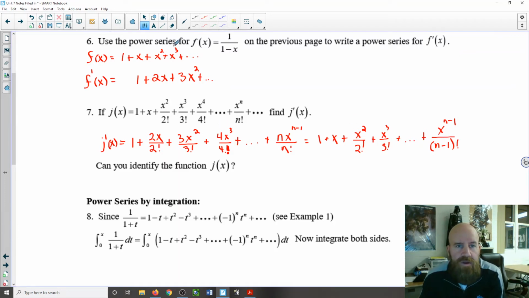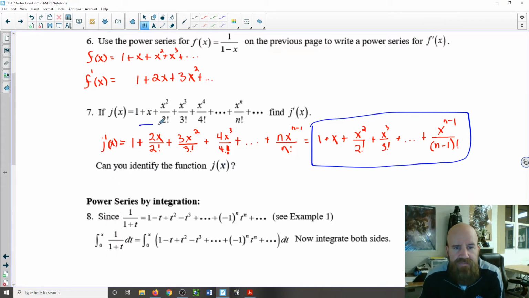So if we look at what we just wrote, because the next part is asking, can you identify the function j of x? So j of x is given by this, and j prime is this. Okay, so let's look at what we just got.